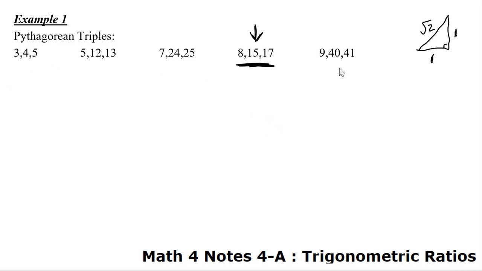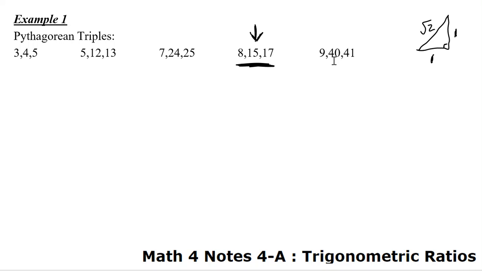And those middle numbers are increasing by plus 8, plus 12, plus 16. The next one would be plus 20. And of course, the last number is always 1 more than whatever the guy was in the middle. And so there are patterns that you can follow to create some Pythagorean triples of very large size.